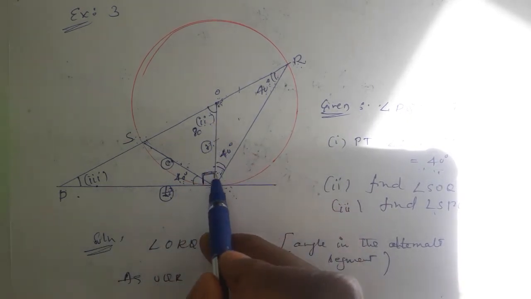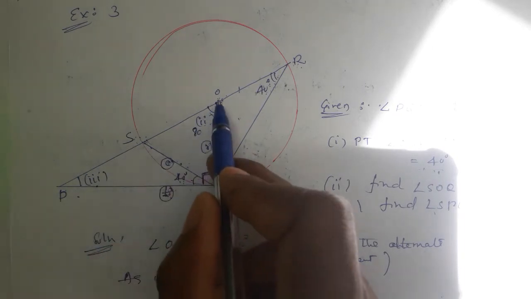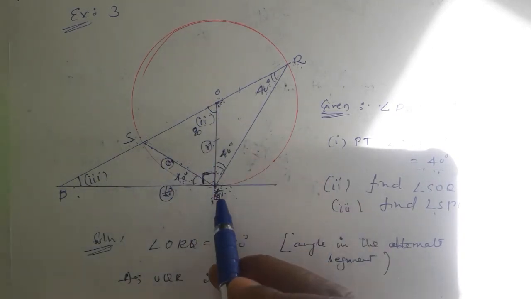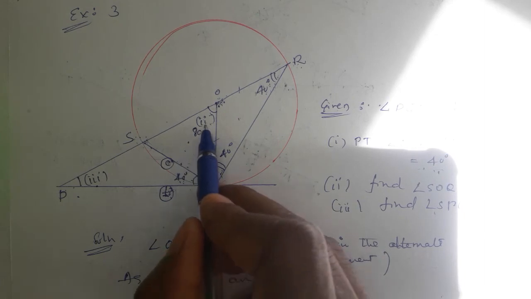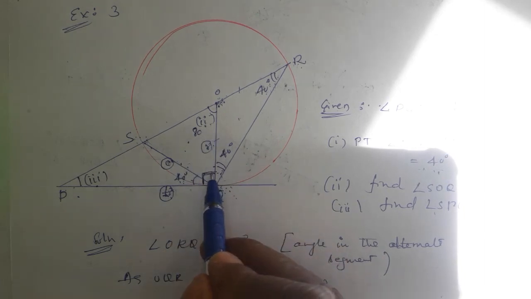Now we'll select this triangle, POQ. Why am I selecting this triangle? Because in that triangle, here 80 degrees is known, here 90 degrees is known, and this is unknown.